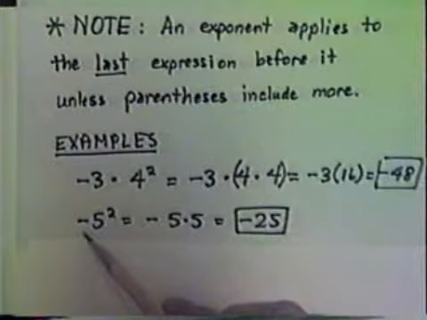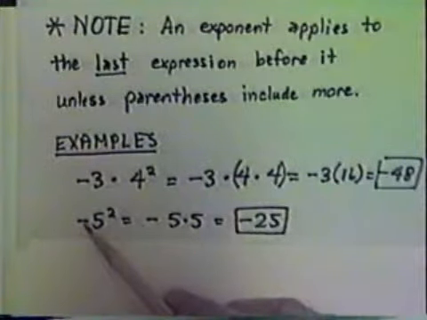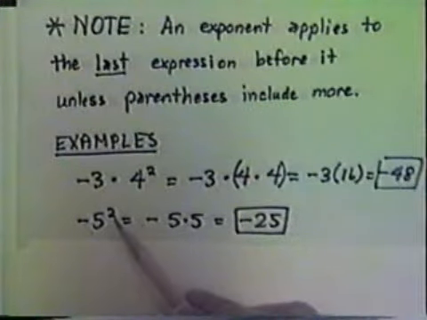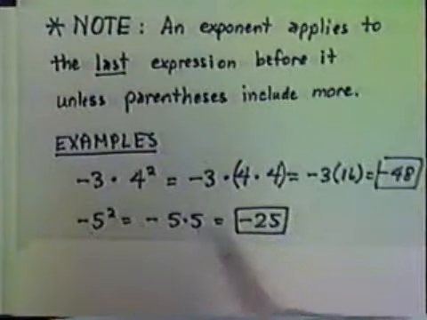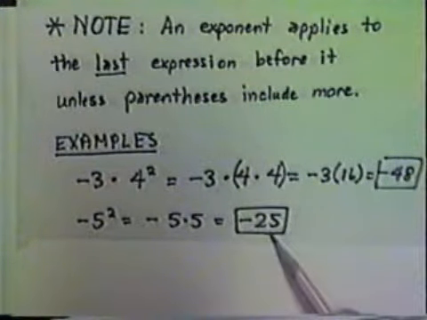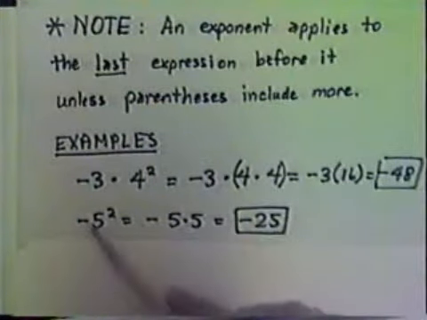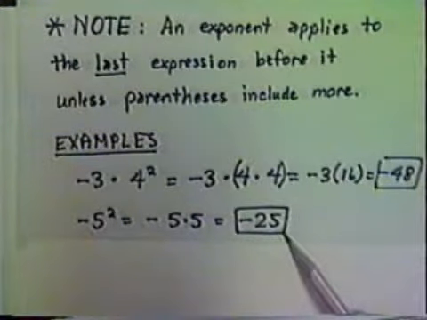Not negative 5, but simply 5. That means that we read this minus sign as the opposite of. Therefore, the opposite of 5 squared means the opposite of 5 times 5, which is the opposite of 25, and the opposite of 25 is negative 25.